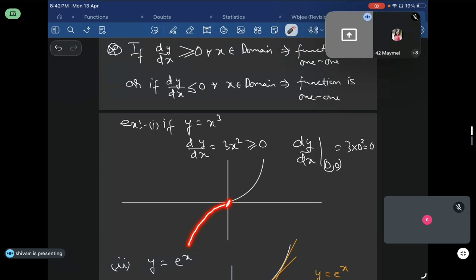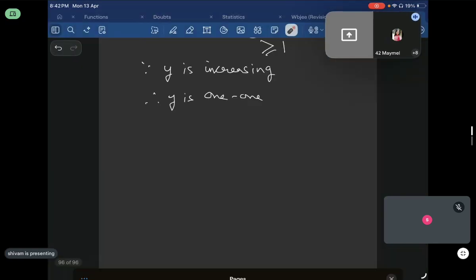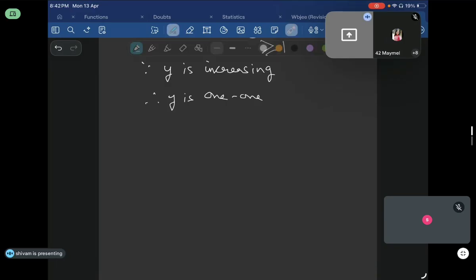At this particular instant, the curve becomes parallel to the x-axis. Understood? After that, it keeps on increasing, so it doesn't matter.